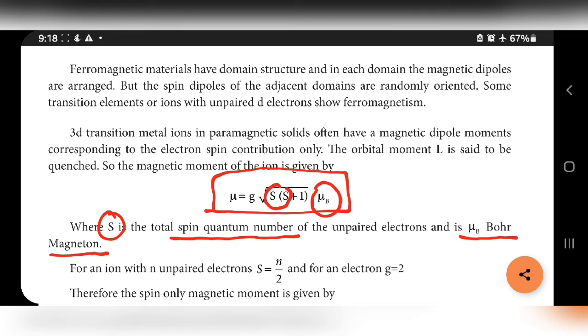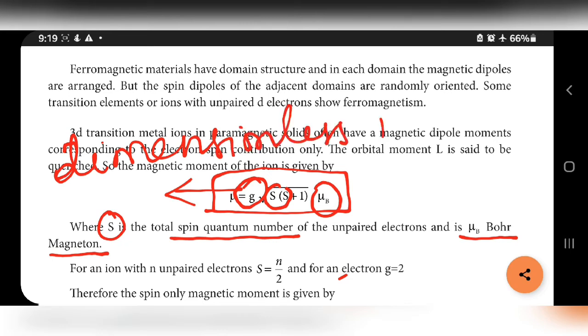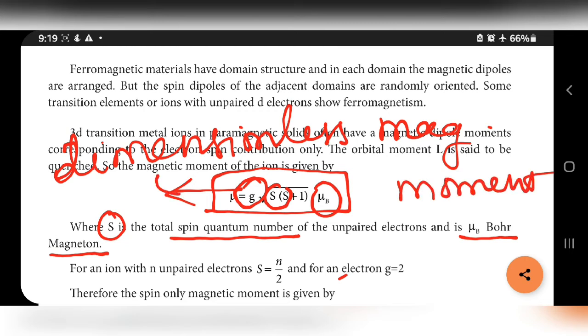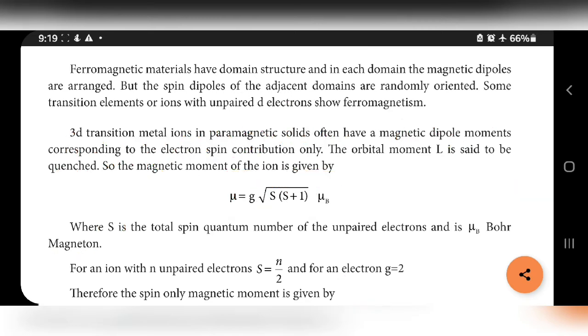So S means total spin quantum number, mu B means Bohr magneton, and g means the dimensionless magnetic moment, the g factor.